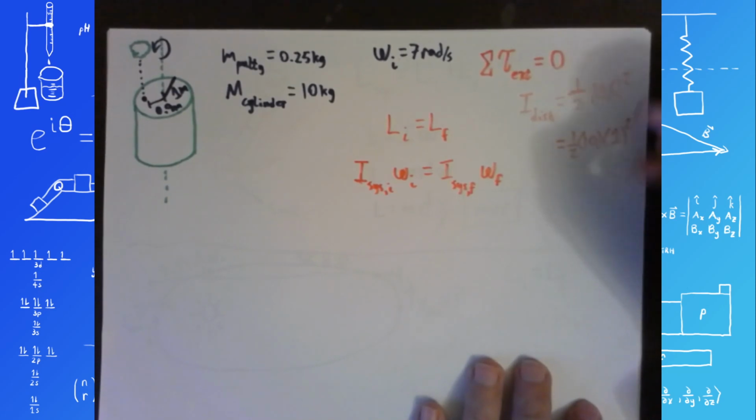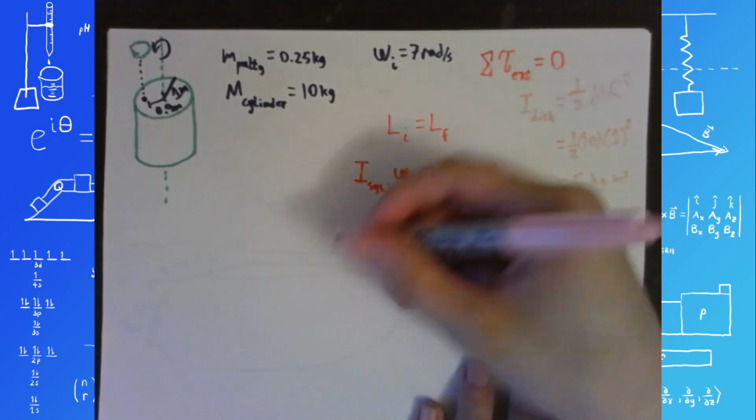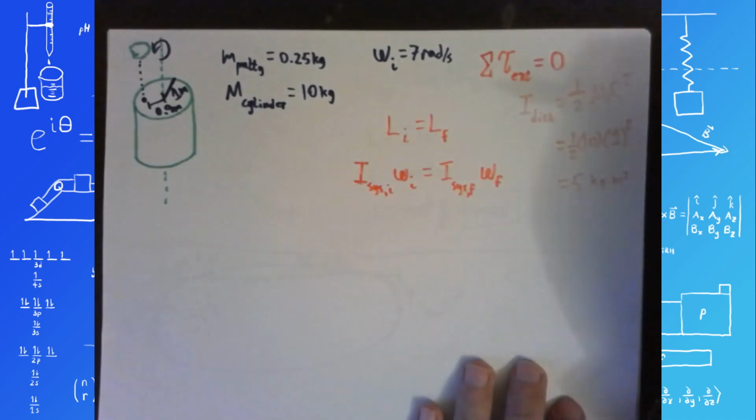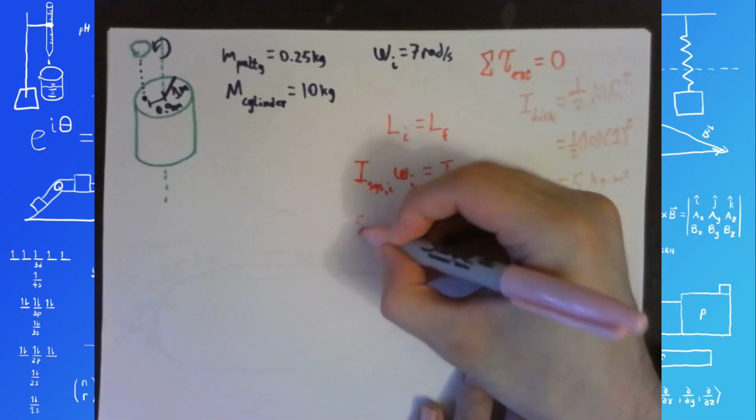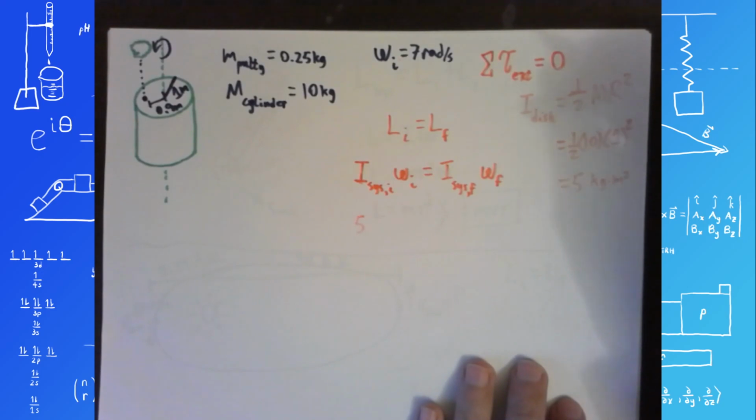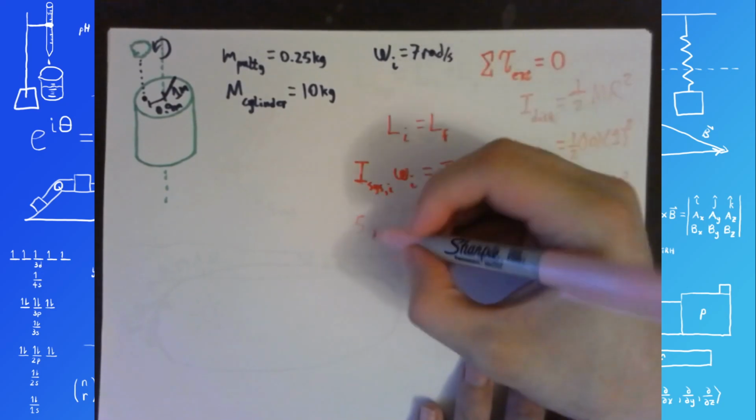Half of 10 is 5, and 5 times 1 squared is 5. 5 kilogram meters squared. Okay, so moment of inertia is 5, omega initial is 7.